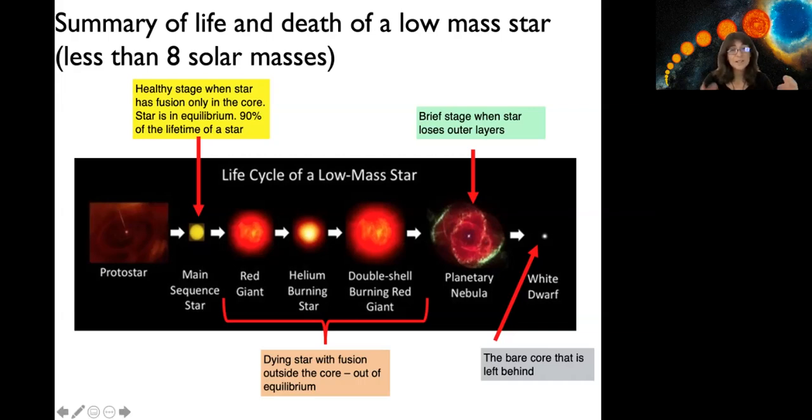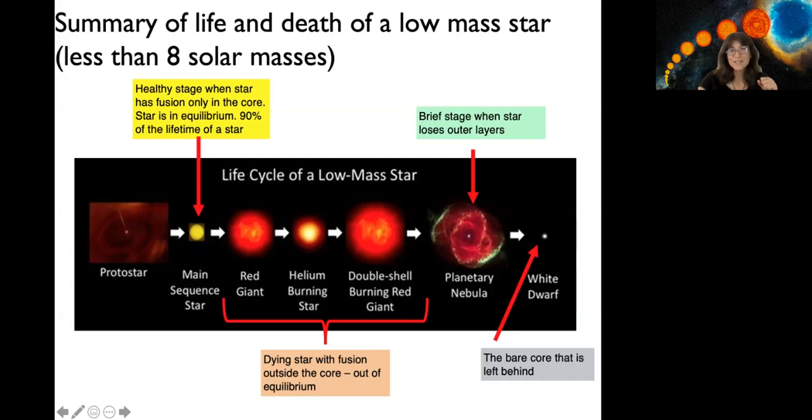From then on, there is fusion in shells around the core, which leads to non-equilibrium, right? The star is out of equilibrium. So it becomes a red giant. It fuses helium for a little while, but then it becomes a red giant again.